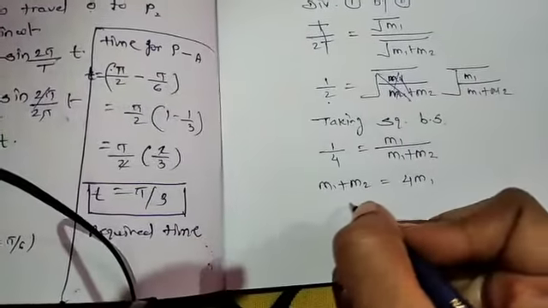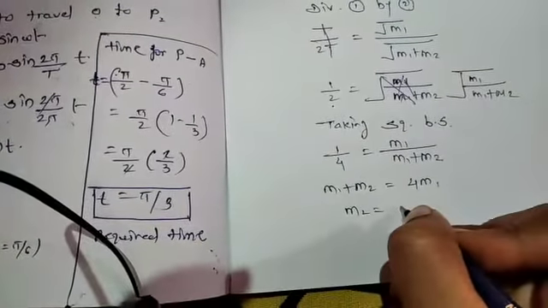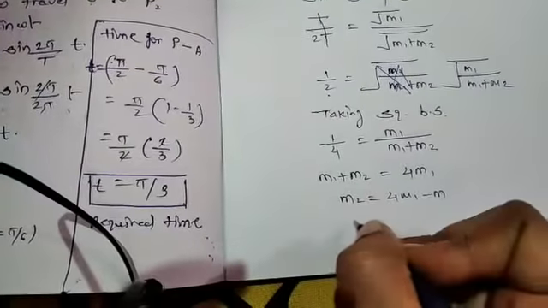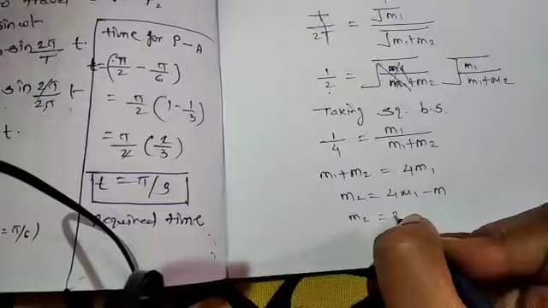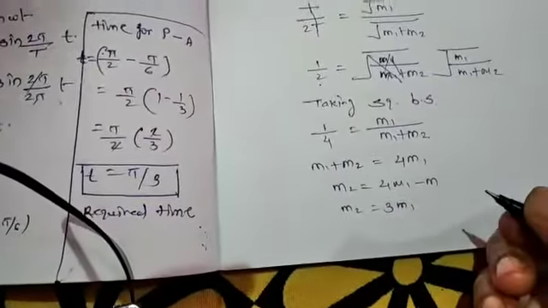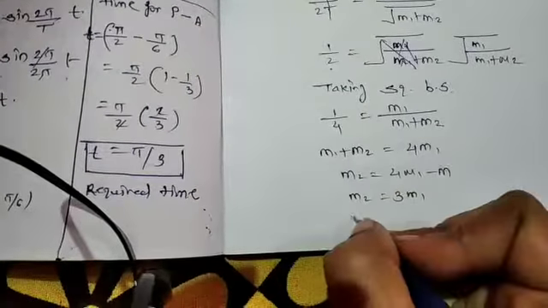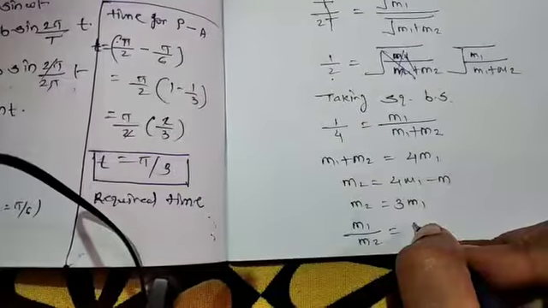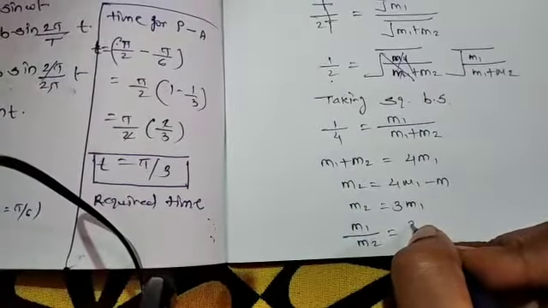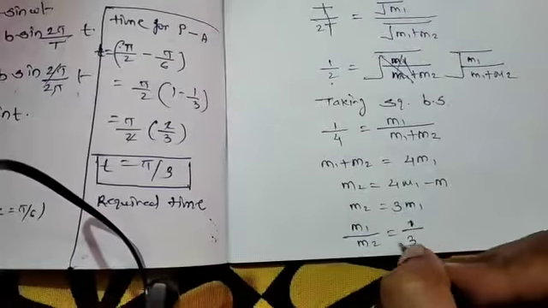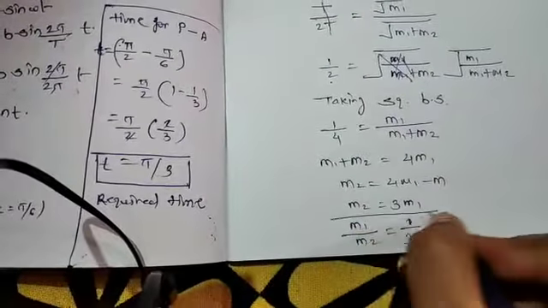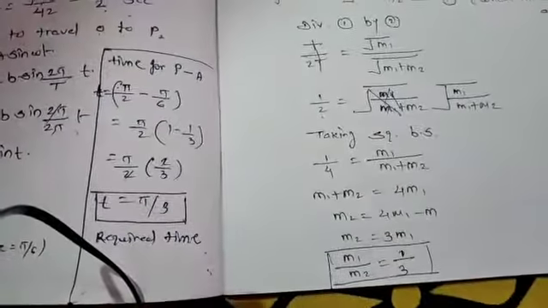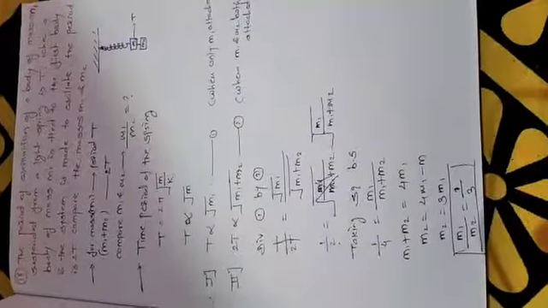That is, we can write m2 is equal to 3m1. That is, we can write m1 by m2 is equal to 1 by 3. So this is the solution. So you can solve this.